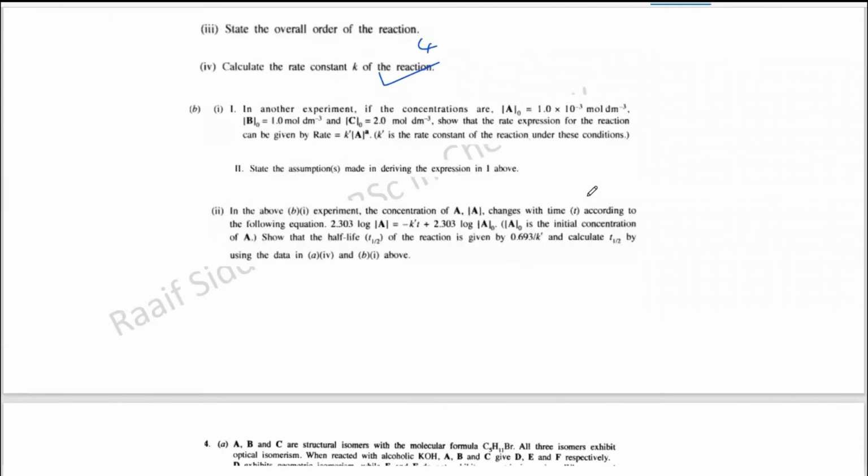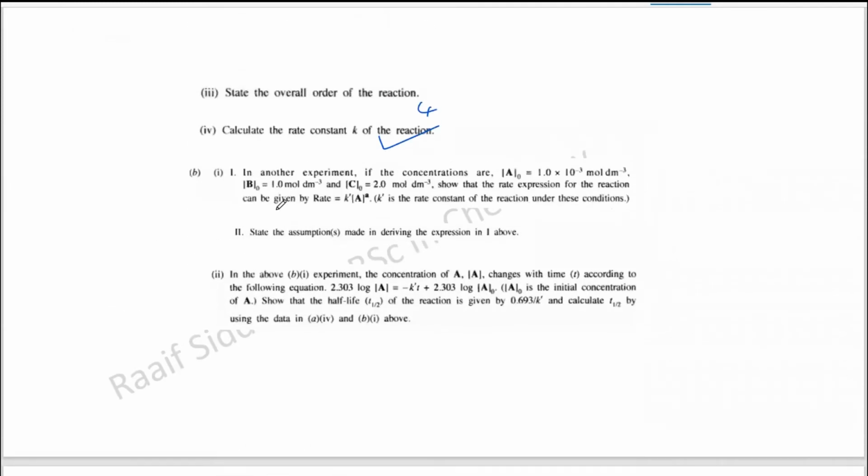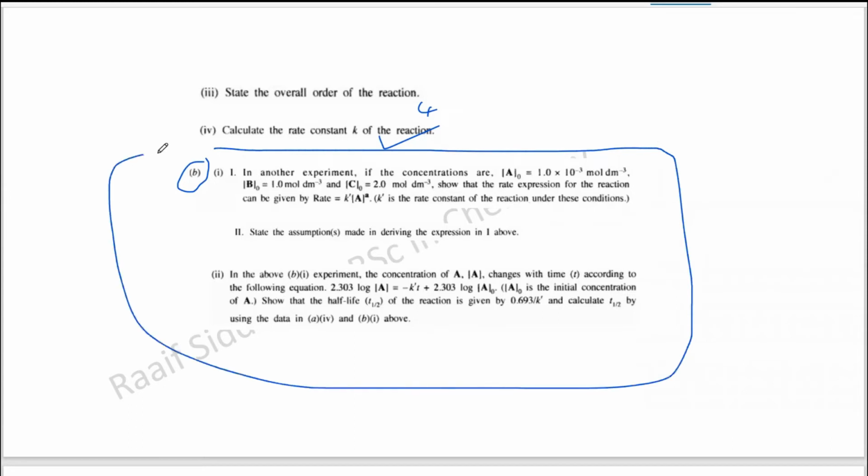So the important part is part B. Because this part B is normally not in your syllabus, it is actually a little far away from that. This is normally at university level.